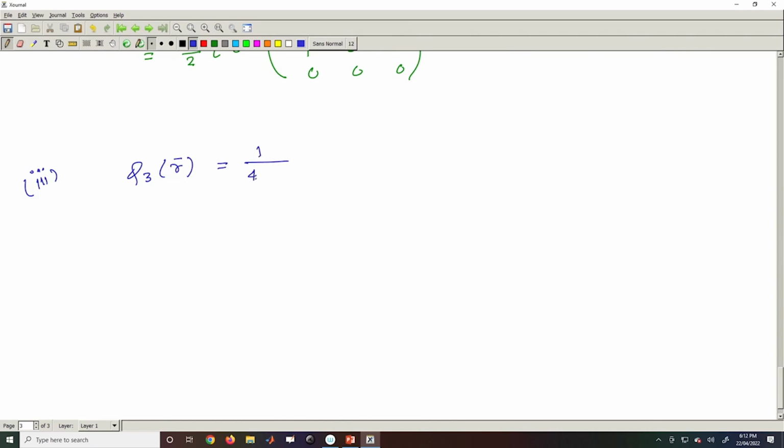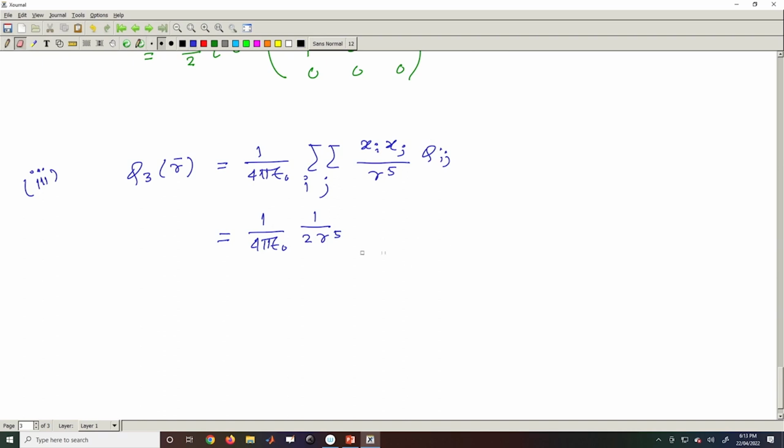For discrete case, it is 1 by 4 pi epsilon 0, then sum over i and j, xi xj whole divided by r to the power 5 and qij.